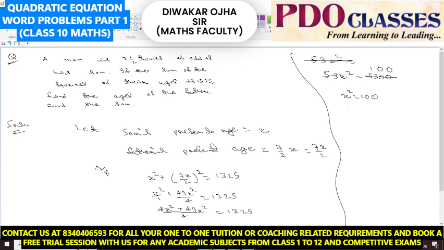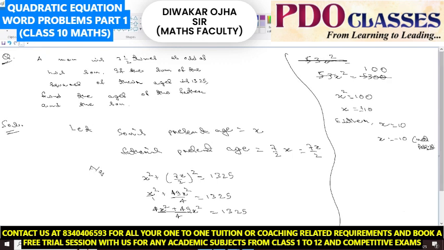So x is plus or minus 10. x equal to 10 is okay, and x equal to minus 10 is not possible, because we can never take ages as negative. I cannot say that I'm minus 26 years old. So 10 is the possibility.